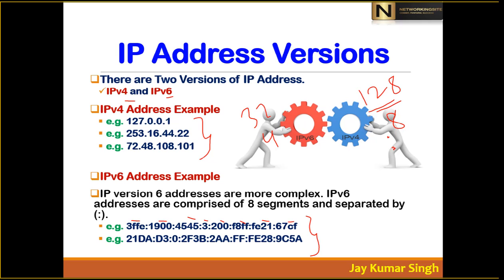So these are some basic differences between IPv4 and IPv6. IPv4 uses decimal numbers from 0 to 9, and IPv6 uses decimal numbers from 0 to 9 and A to F, sorry, hexadecimal numbers. So these are some differences.